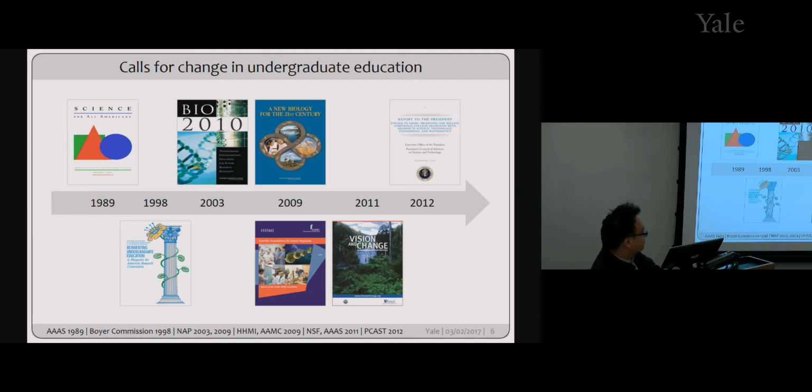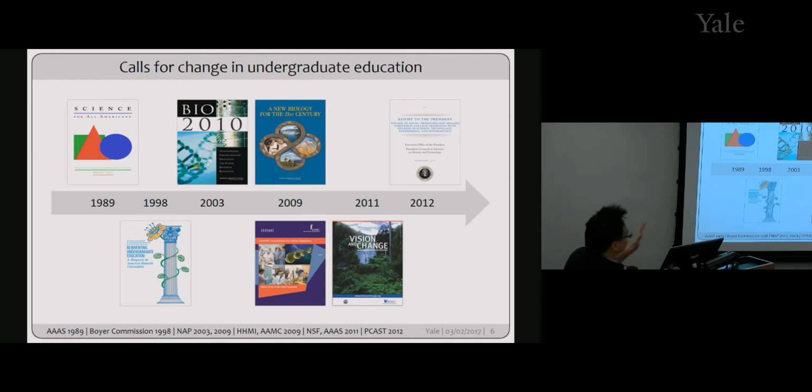There are a couple more large reports since then, but I ran out of slide space. Essentially, based on all this evidence, they call for reform in undergraduate education to be more interactive, more research-based, and to engage students in deep learning and understanding of material that's relevant to them and to society at large.